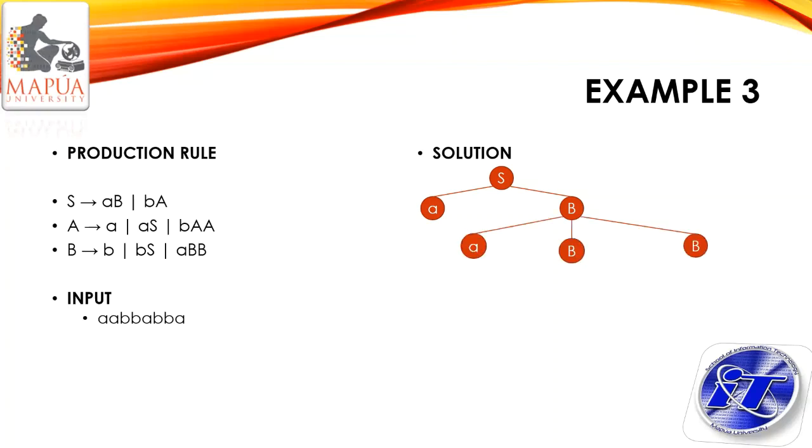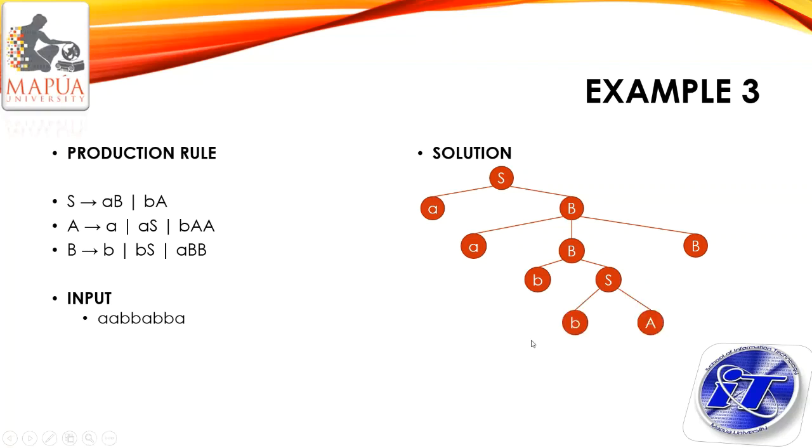Then replace the next node by either b or BS. We're not going to use ABB, because the third symbol is already b, not a. So we have two options, b or BS. For me, I'm going to utilize BS. So we have AABB. We already obtained the first three symbols. Now the problem is the fourth symbol. What symbol will be used for S?